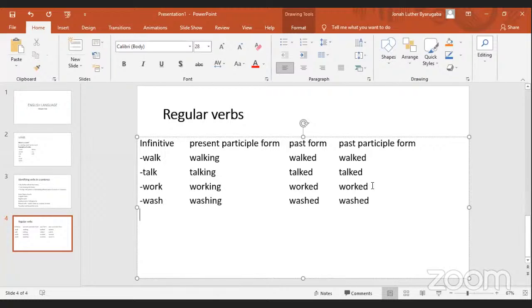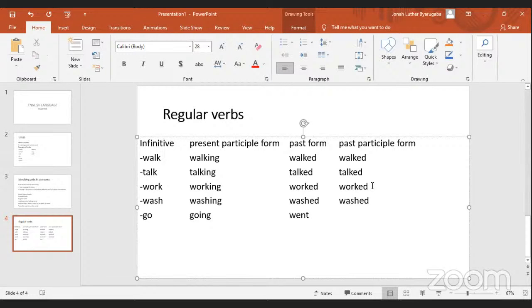Let me ask you a question. If we put here the word go, what will it be in the present participle? It will be going, right? Then the past form will be went.